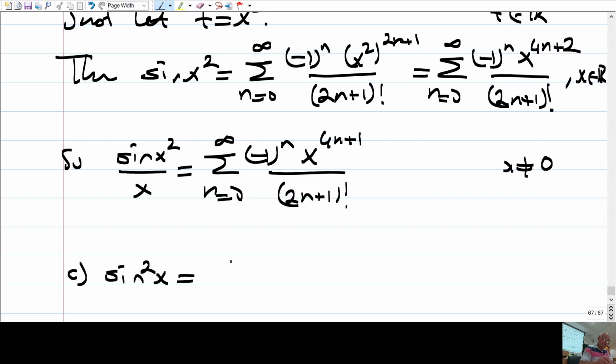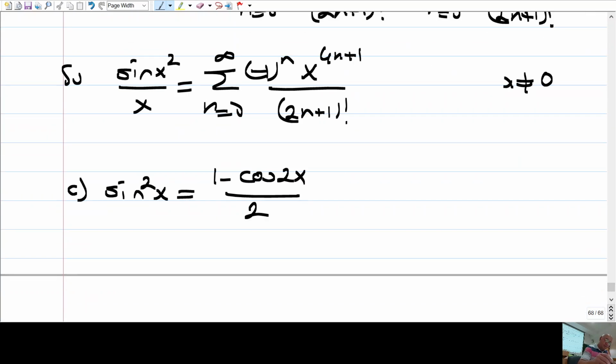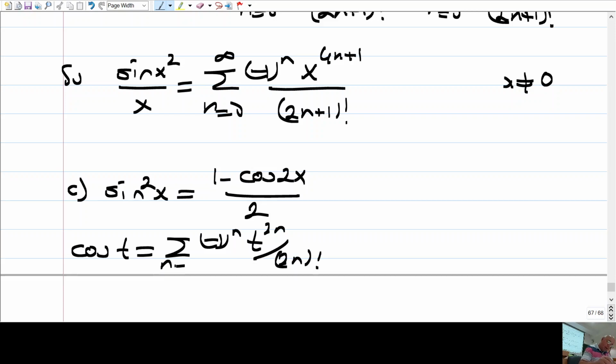Sine squared x is just 1 minus cosine 2x over 2, right? So I can just use this. Cosine t, I know that this is just the sum of minus 1 to the power n, t to the power 2n divided by 2n factorial, n from 0 to infinity, and this is true for all t.